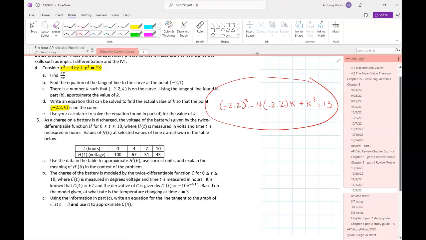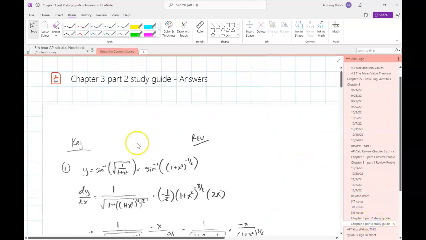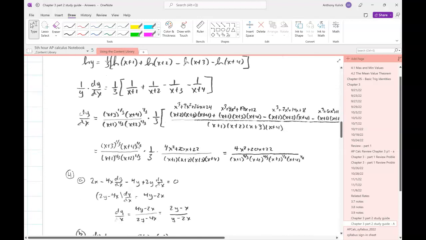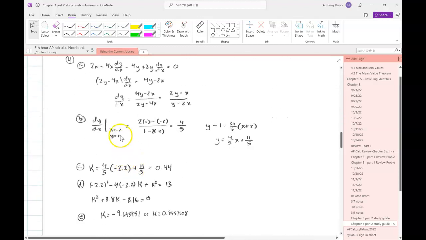For part B, I think it's wrong, because I think you didn't add it. Okay, so for B, you say? When you add it to 1, it's going to be like 11 over 5, and I think it's supposed to be 13 over 5. Plus 1.